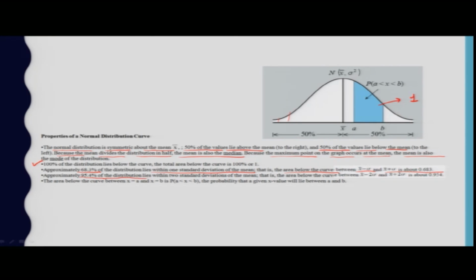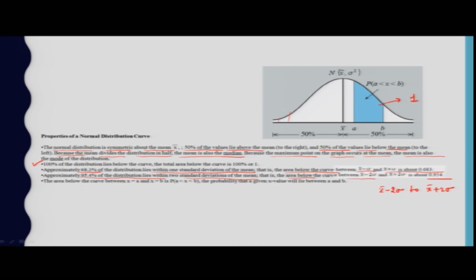95.4% of the distribution lies within 2 standard deviations of the mean. That is the area below the curve from x bar minus 2 sigma to x bar plus 2 sigma, about 0.954.